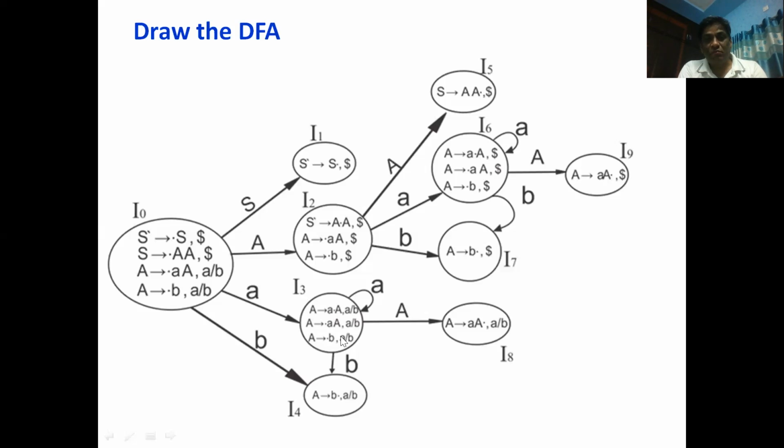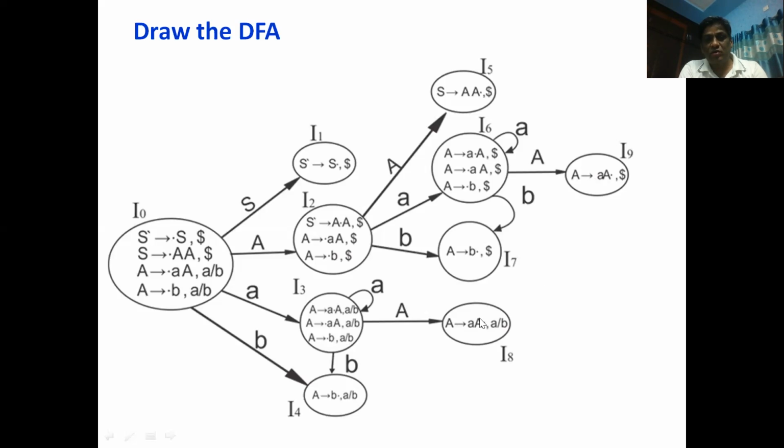Okay, right. So similarly, if you look at this I4 and I7, see, I4 and I7 also have the same set of LR of 0 items, but with different look ahead symbols. So you can merge these two, I4 and I7. Similarly, if you look at this I8 and I9, these two can be merged.